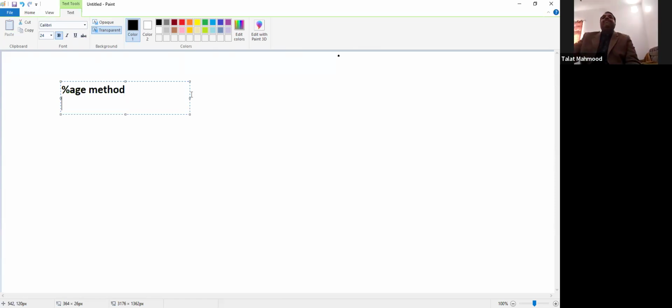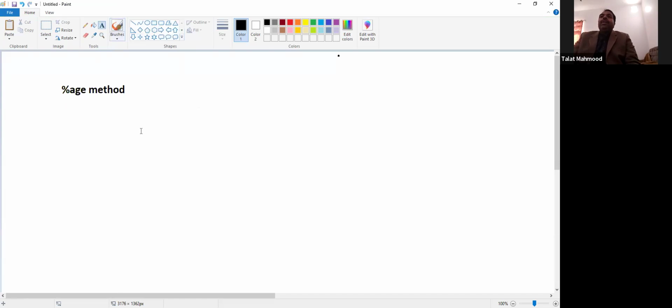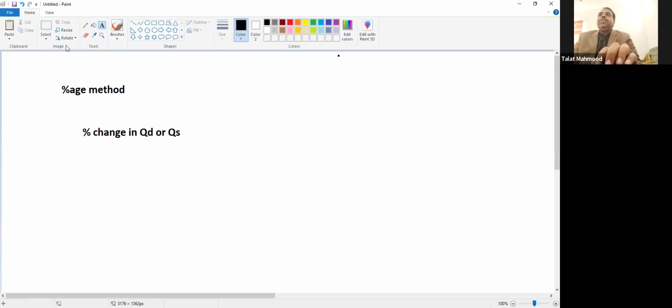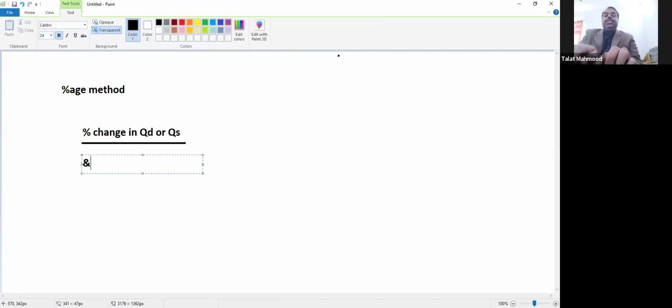So in this method, it is simple. Percentage change in quantity demanded or quantity supplied, divided by percentage change in price.